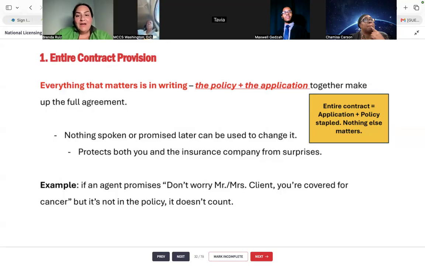That client will not be covered. Okay, so it needs to be in writing in order for it to count. What this does is it protects both the client and the insurance company. Okay, that way no one's blindsided. Everyone knows exactly what's on the table, right? There's no surprises. There's nothing left up to wonder, right? Everything is clearly laid out.